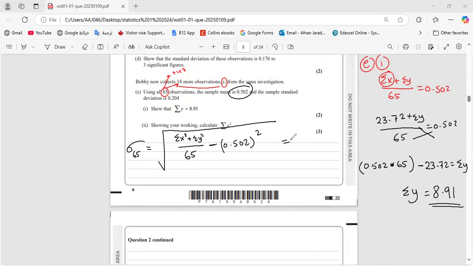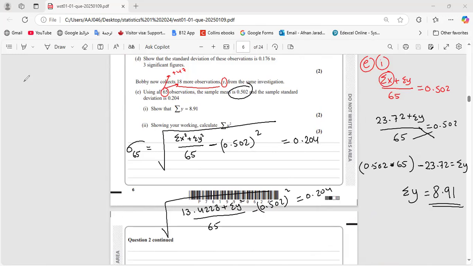I have the standard deviation, which equals 0.204. The sum of x squared you have already: 13.4228 plus the sum of y squared, divided by 65, minus 0.502 squared, equals 0.204.